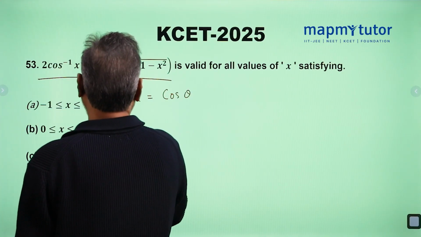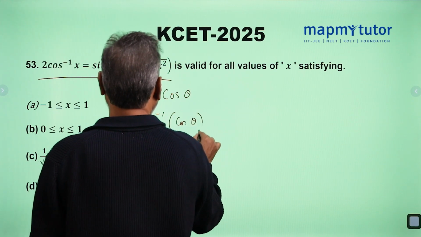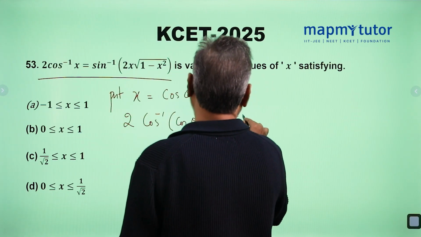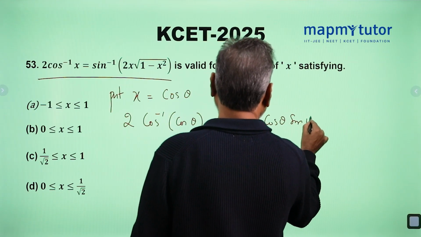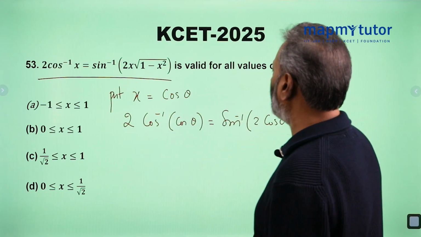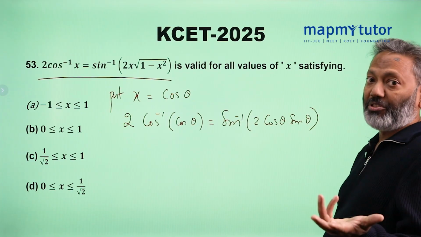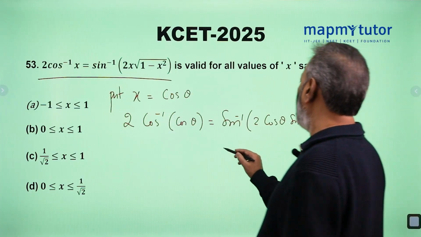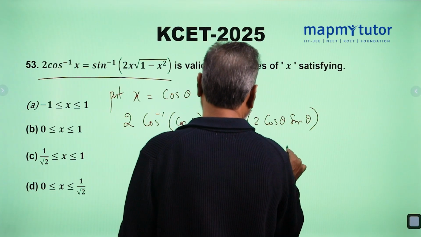Therefore, the equation becomes 2 cos inverse of cos theta equal to sin inverse of 2 cos theta sin theta. Root 1 minus x square is root 1 minus cos square, which is sin. That means I am considering the positive side. And therefore, this becomes sin inverse of sin 2 theta.